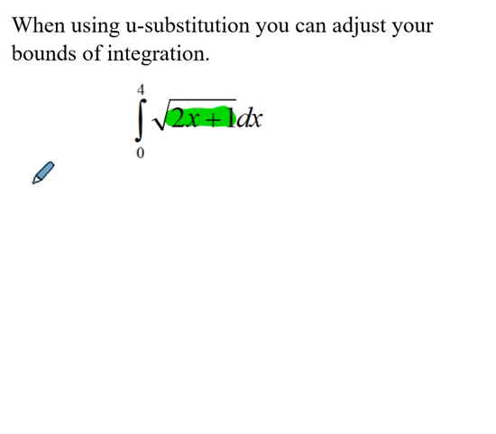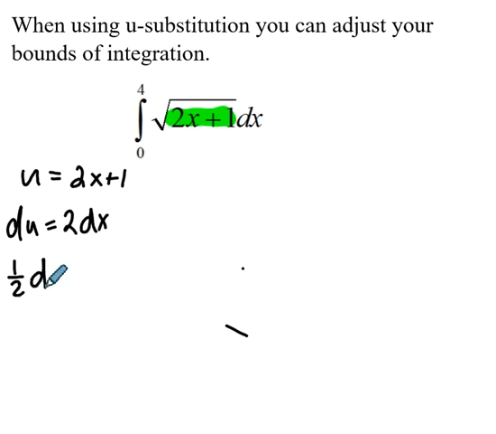So we'll say u is equal to 2x plus 1. du is 2 dx, so 1/2 du is dx. That'll be what I'll sub in. And I also want to adjust my bounds of integration. So my lower bound was when x was 0. So I'm going to plug in 0 and find out what u is.